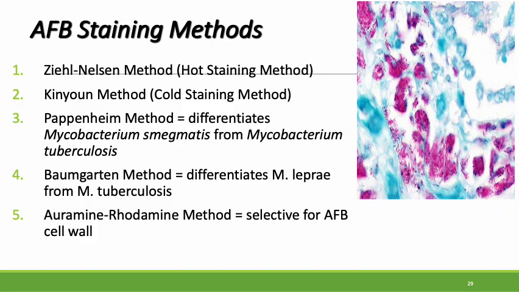Now, this table shows you the summary of the different staining methods under AFB. Besides the commonly used Ziehl-Neelsen method and Kinyoun, which are alternatively called the hot staining method and cold staining method, there also exist the Pappenheim, the Baumgarten, and the Auramine-Rhodamine methods. The Pappenheim method is usually used to differentiate Mycobacterium smegmatis from Mycobacterium tuberculosis.